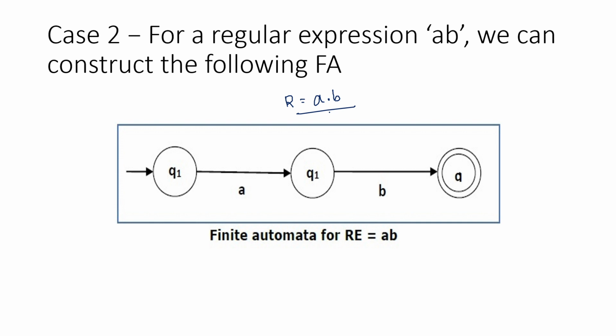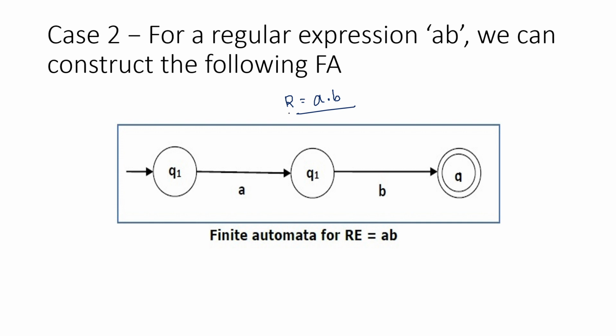It's a very simple regular expression. That means the language generated from this regular expression is only one string, that is A followed by a B, a single A followed by a single B. That's all.